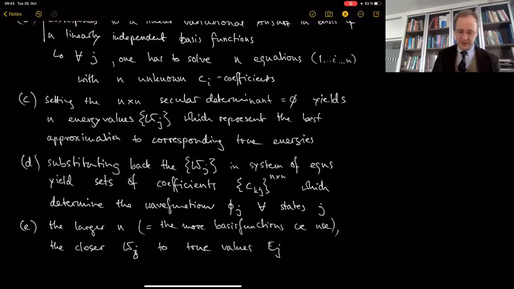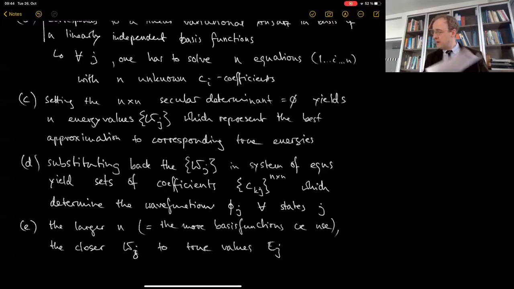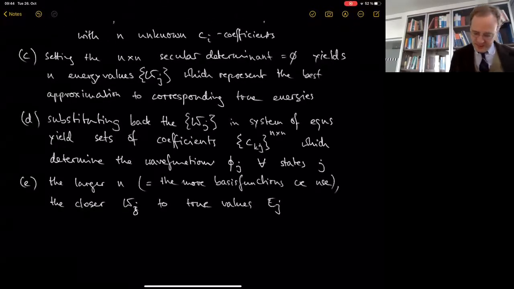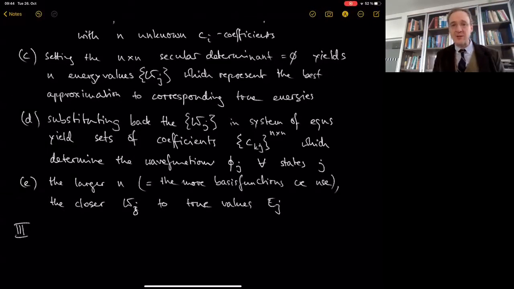Okay. So for the complete set of functions, you should find the exact solution, the true solution. Now, are there questions so far? Is this clear to everyone?